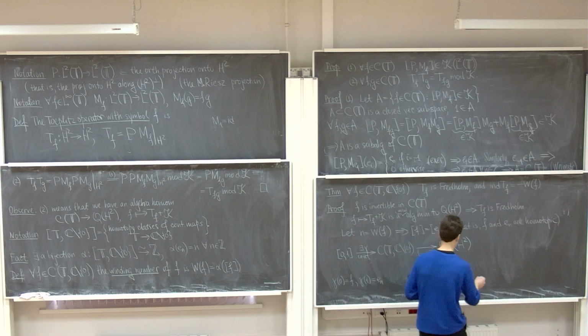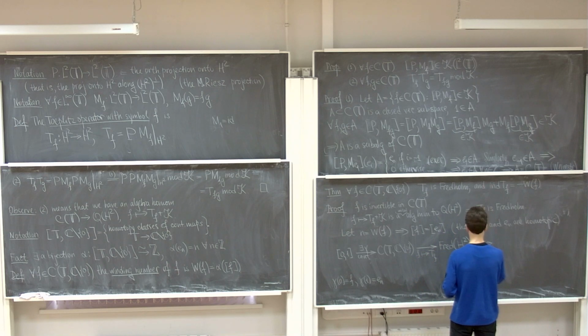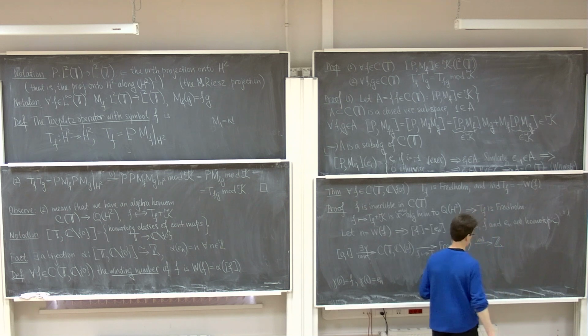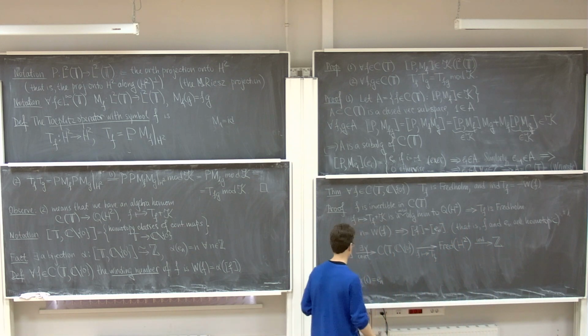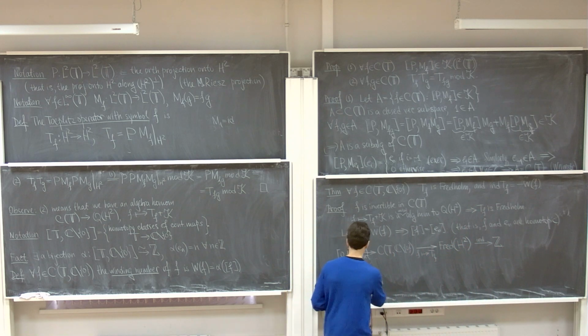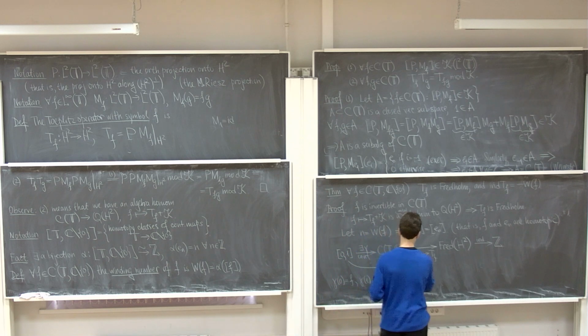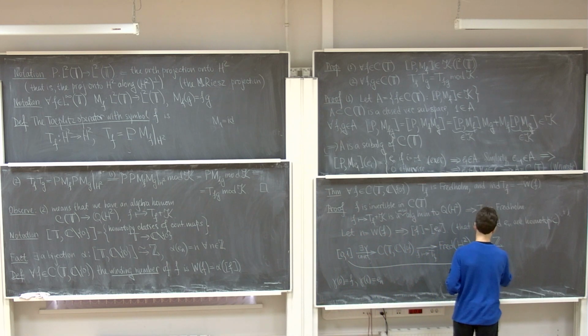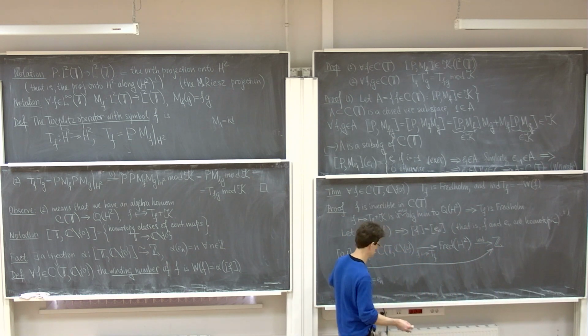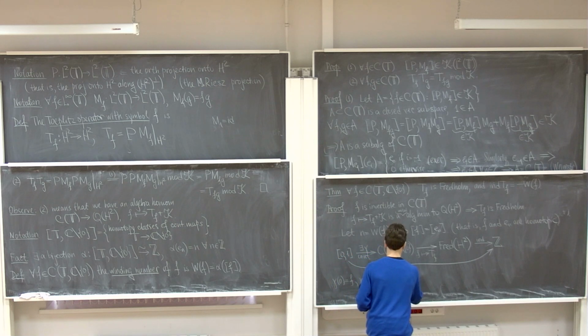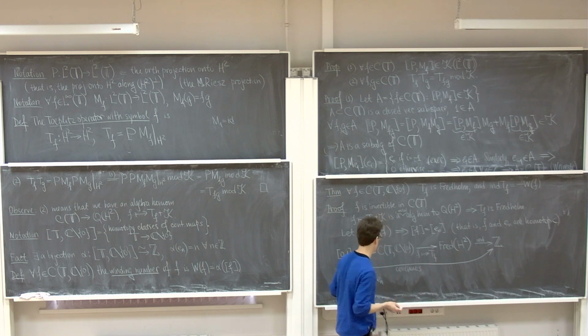And we have the index map, which is also continuous because it is locally constant. So the composition is a continuous map from the interval to the integers. But a continuous map from the interval to the integers is a constant.